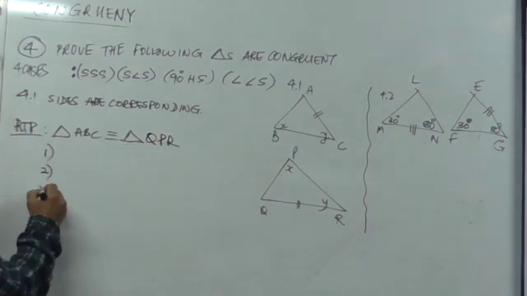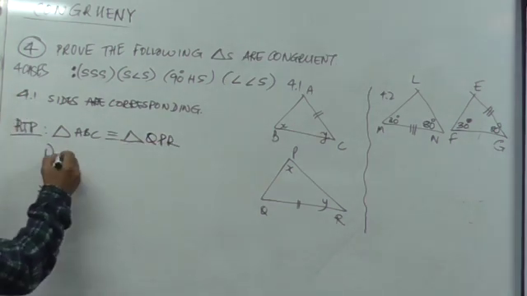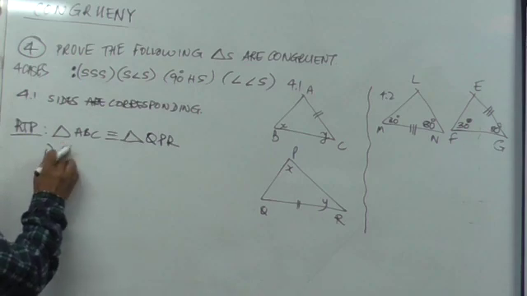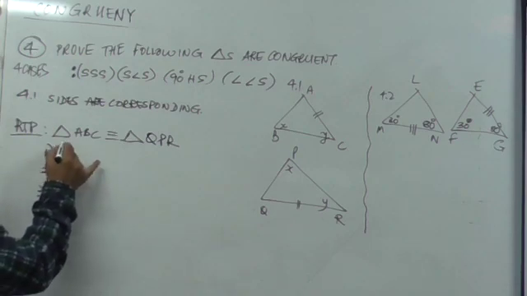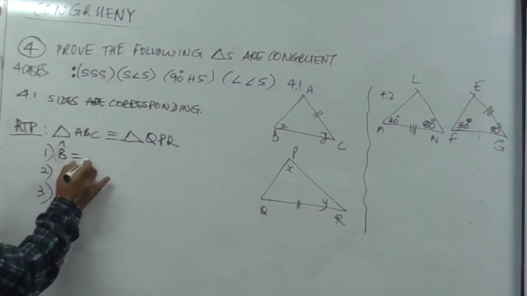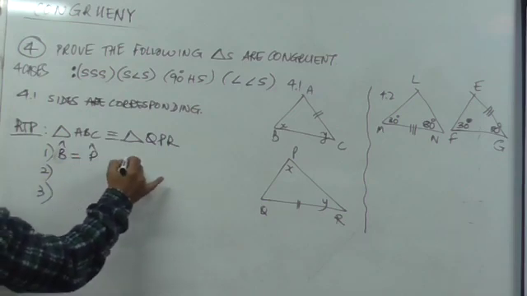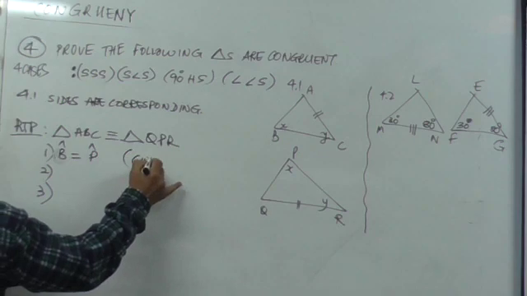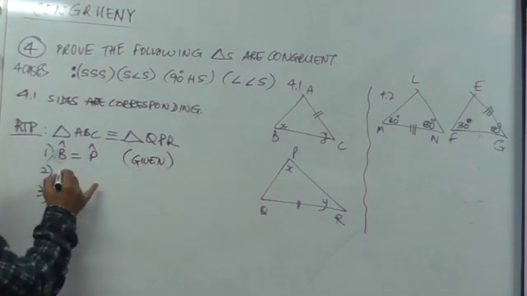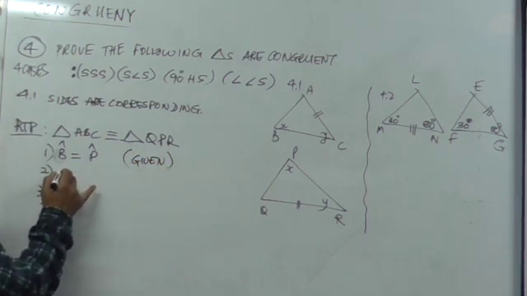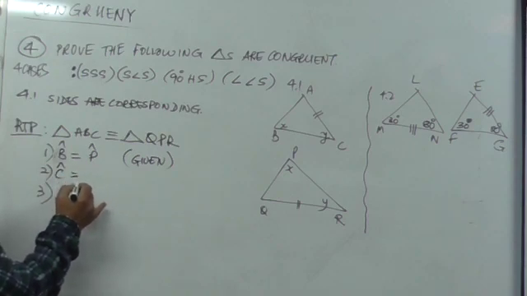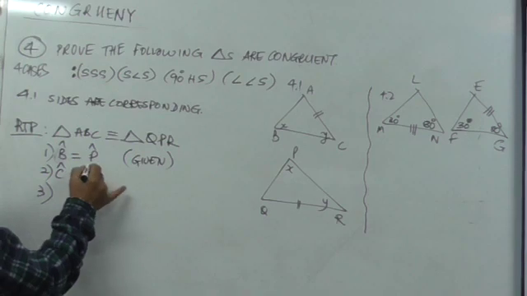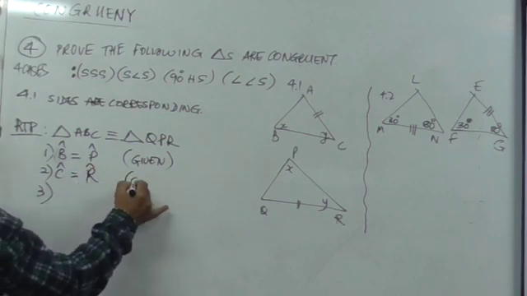1, 2, 3. I will start with the top diagram first. Angle B is equal to angle P. Reason, it's given. Number 2, angle C is equal to angle R. Reason, it's given.